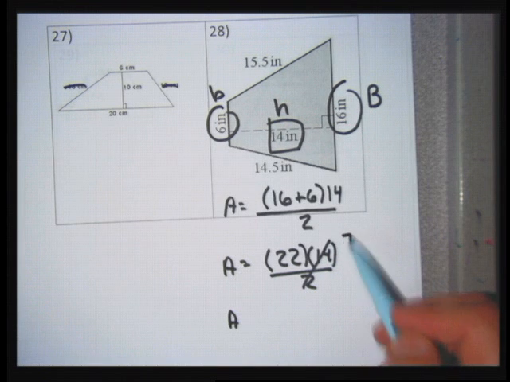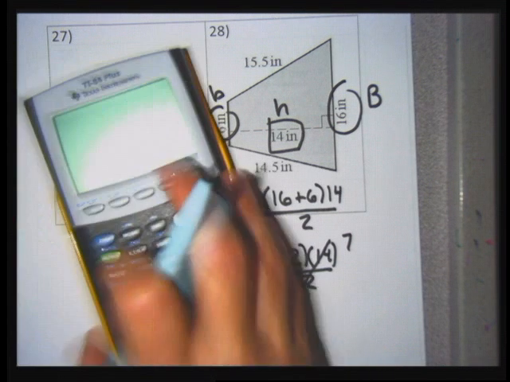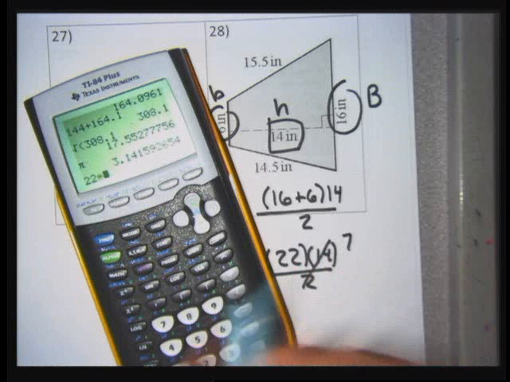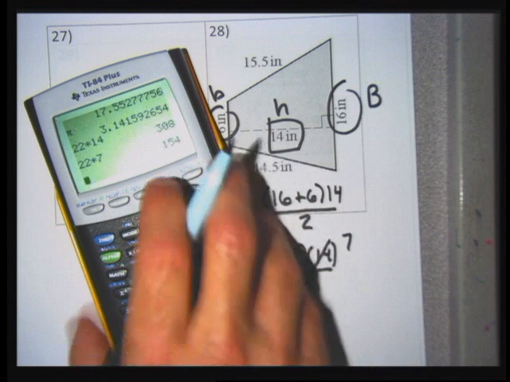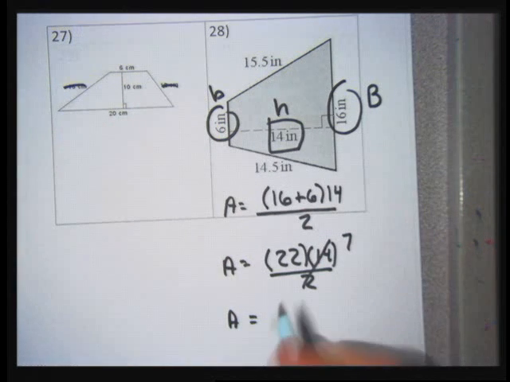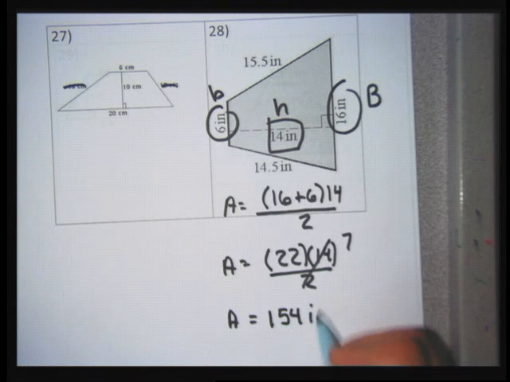I'm going to cancel it with the 14. So I get 22 times 7. Oh, you get 154. So my area is going to be, the number is going to be 154, and my units are going to be square inches.